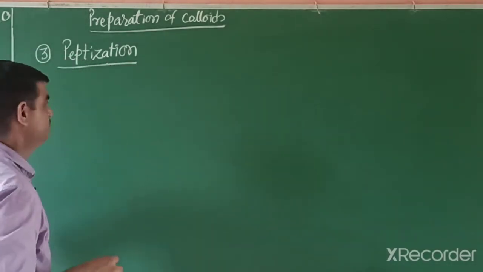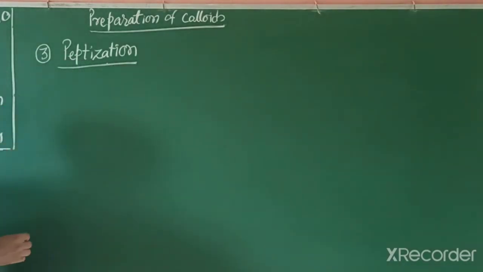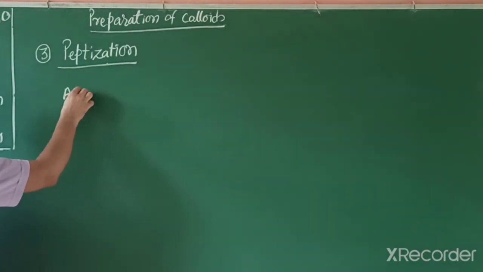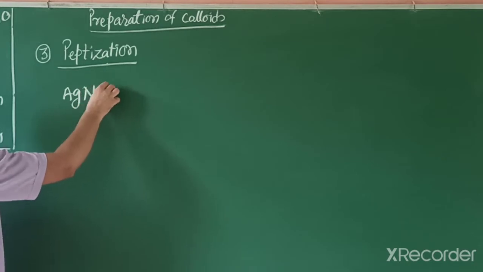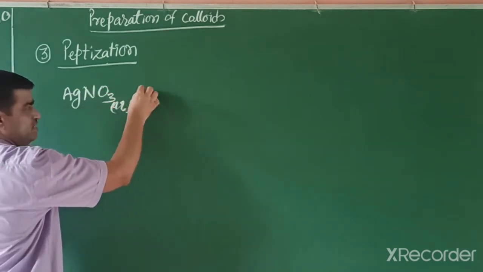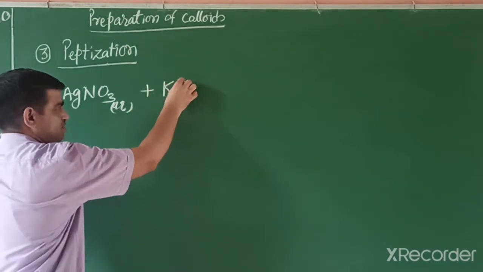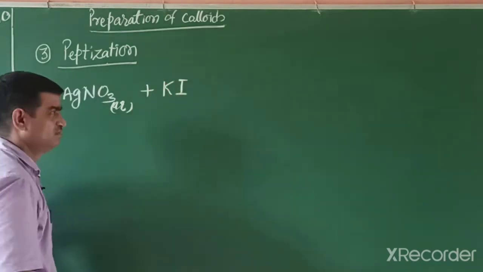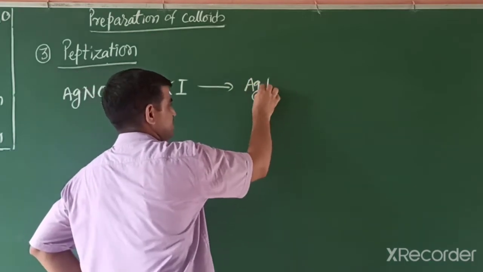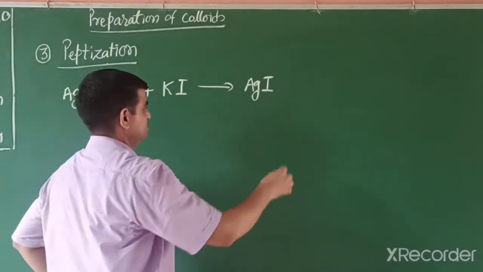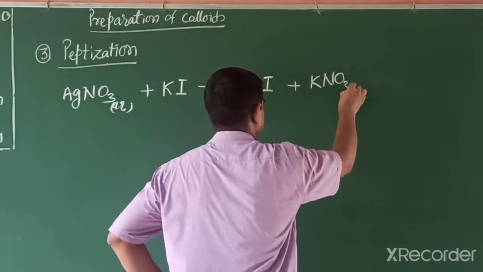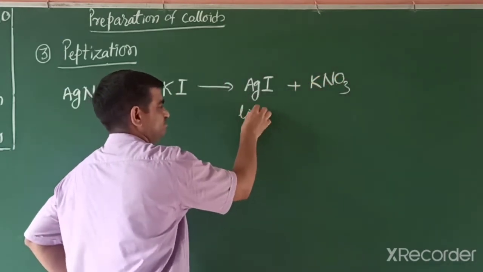How can we prepare a colloidal sol? We take an example, silver nitrate. Silver nitrate aqueous solution, and we mix potassium iodide. Then we get silver iodide, a light yellow precipitate, and potassium nitrate.